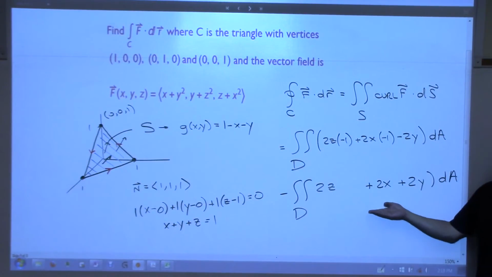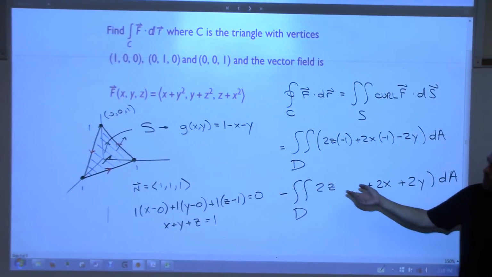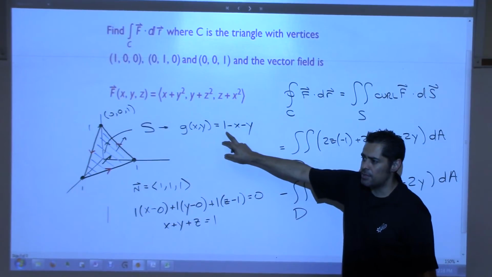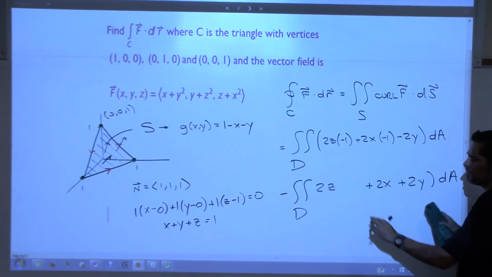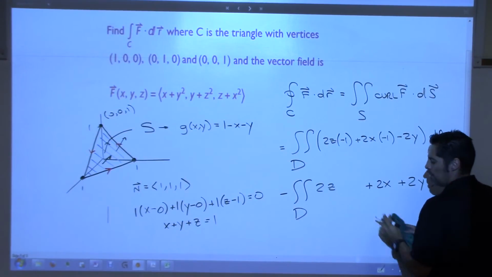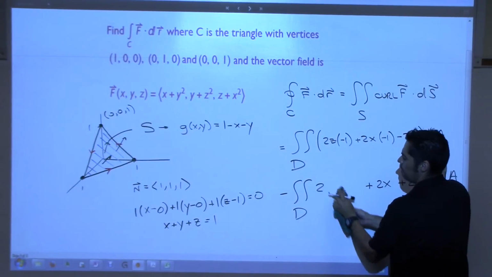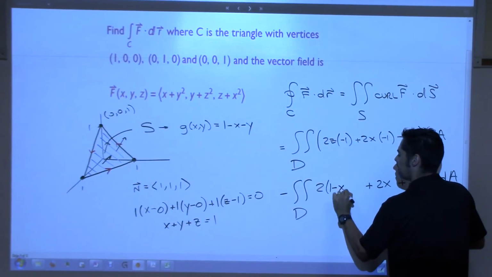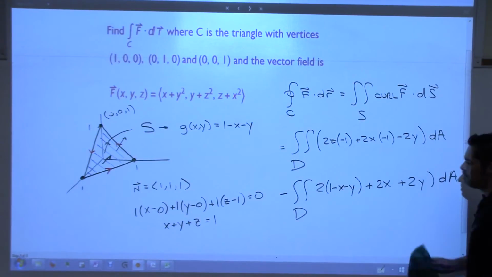This integral can only have what variables in it? X and y, because I switched, right? I'm in a special case. So I want to replace this z with 1 minus x minus y. So please replace it with 1 minus x minus y, and something real nice is about to happen.